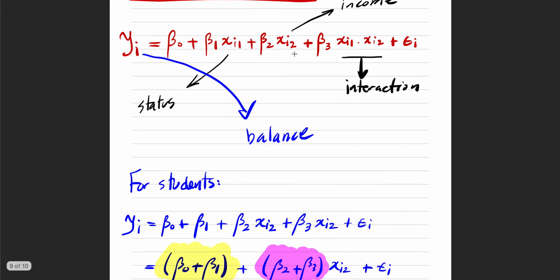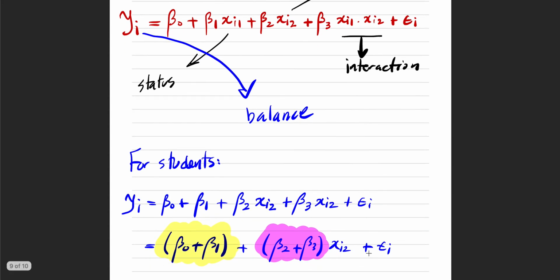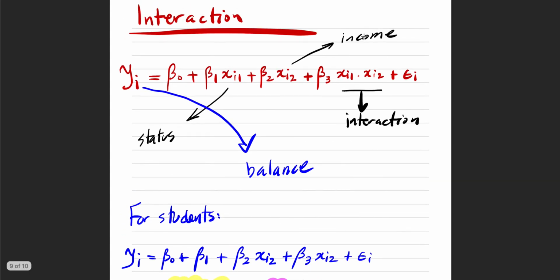You have beta 2 xi2. And this term, xi1 is going to be 1, so you have beta 3 xi2. So it's beta 2 plus beta 3 times xi2 plus epsilon i. So it's a linear model in income for students.